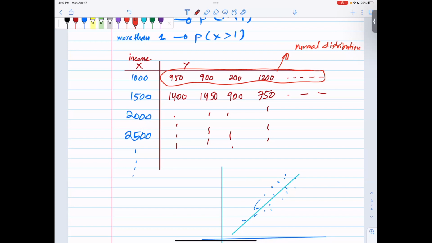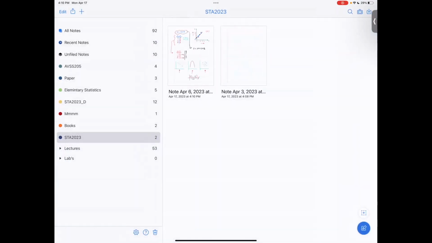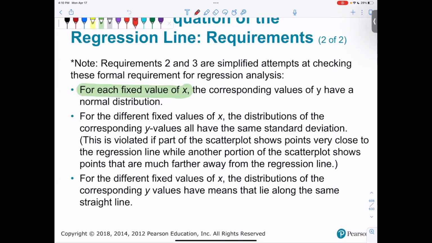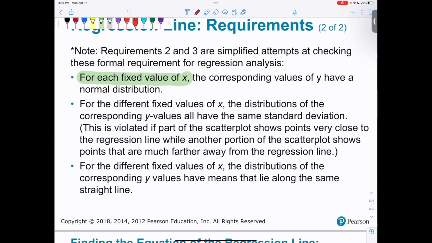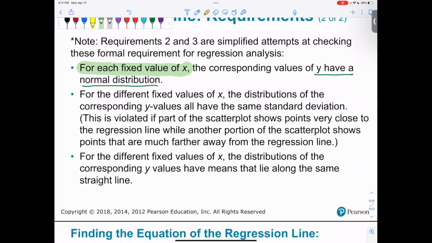Okay, so let's go back and then we'll go in a second here. So this is why, the first one, y must have a normal distribution. And then also we must have equal standard deviation.